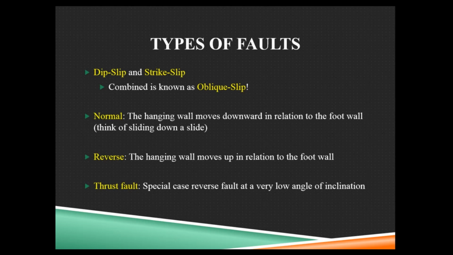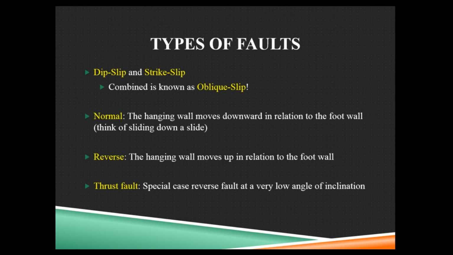You think of it as sliding down a slide, sliding downhill. Moving down is a natural thing since gravity pulls us towards the ground. In geology, this is a more common kind of fault, and it has been termed normal.